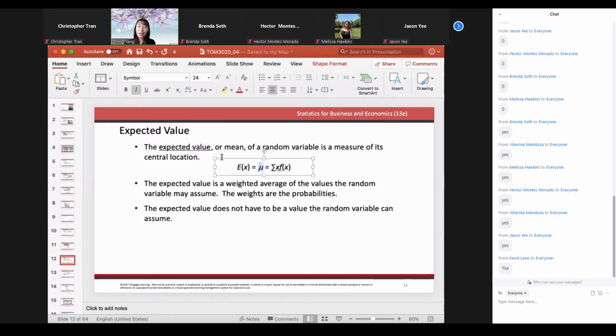In this context, sometimes people call this the expected value, but it is the mean. You can use the words interchangeably. It is actually the weighted average of the values the random variable may assume. And if it's a weighted mean, we need to know the weight. The weight is the probability.